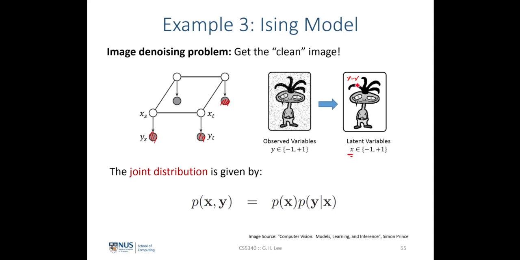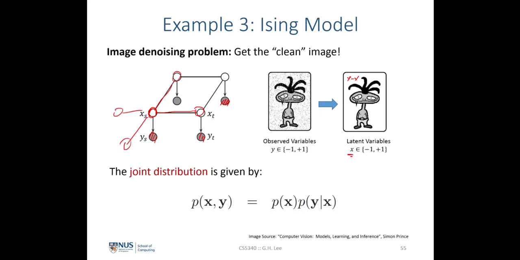This means that neighboring pixels should be more likely to take the same class label. And in this case here, this means that for every pixel, the latent random variable that represents the clean image should be connected to its nearest neighbors. So all the 4 nearest neighbors should be connected with respect to that particular pixel.